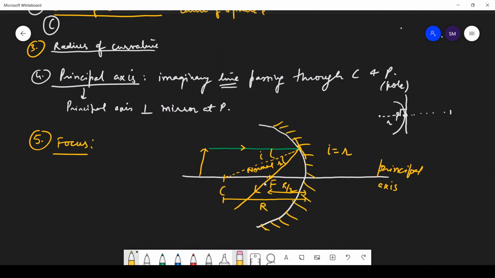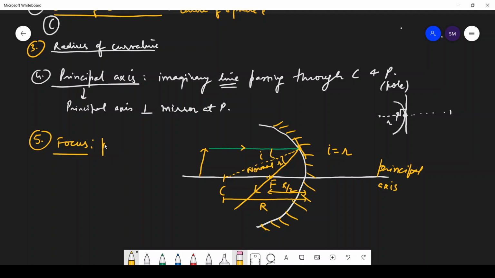That is where we have the principal focus. So these are the key terms that we are going to use while doing image formation by spherical mirrors. We can also write this length as focal length.